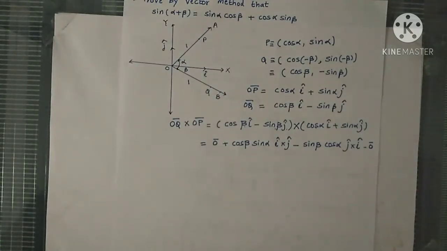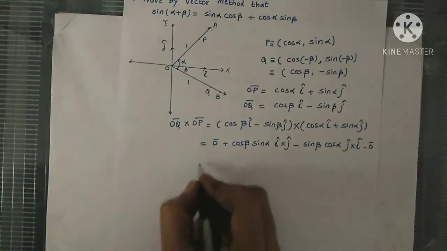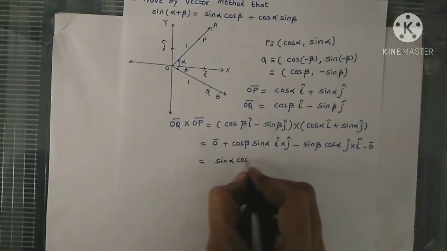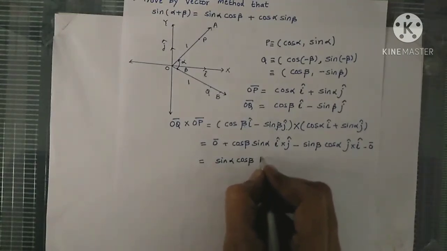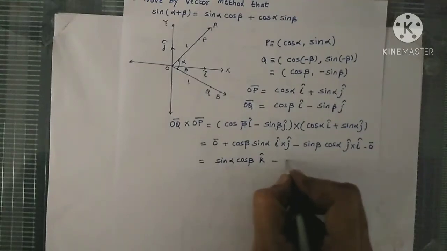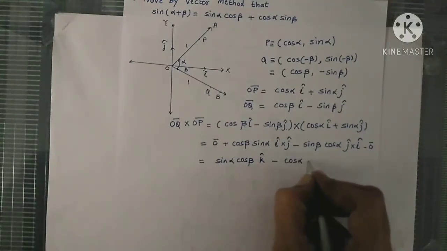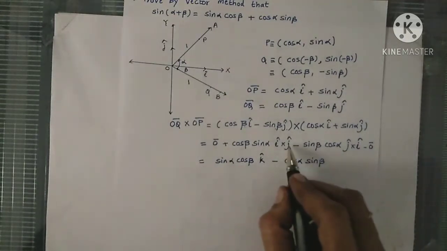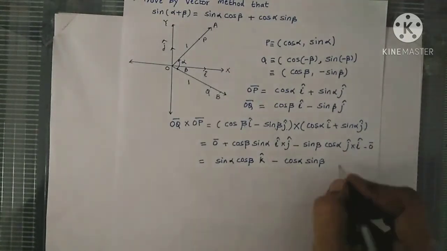Now what is i cross j? i cross j is k cap, so let's substitute that. So this term is now sin alpha cos beta k cap minus cos alpha sin beta. Now i cross j is k cap, so j cross i is minus k cap.